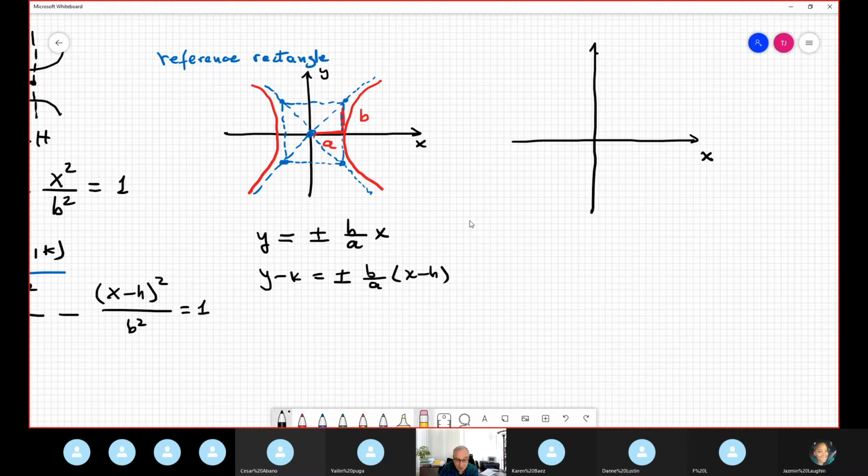Now remember, a vertical hyperbola is the hyperbola in which the positive term is the term that contains y. So my hyperbola is like that. Okay, I suppose again, to simplify the thing, it also has the famous asymptotes.